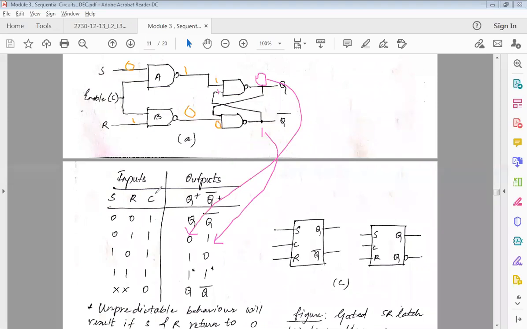The most important thing to remember is that whenever your clock is 0, this state is going to be the memory state. So whatever S you give doesn't matter, whatever R you give doesn't matter. Ultimately it is going to have the same value, which is retained. For example, it is 0 here, so 0 into 0 is 0, and I should be getting 1 here, and also 1 here.